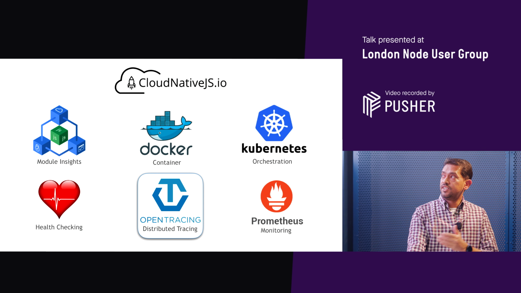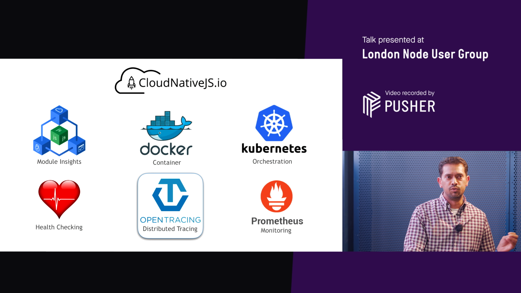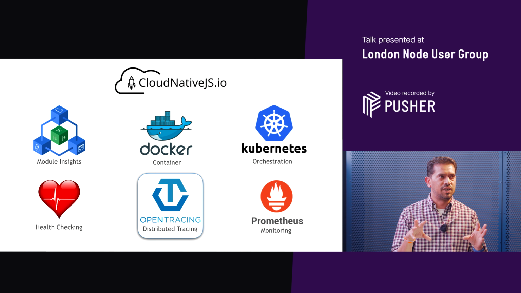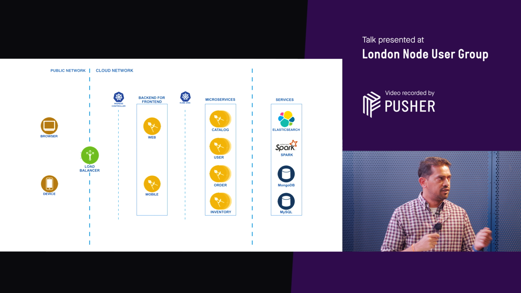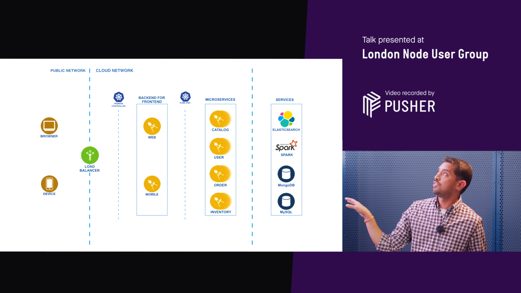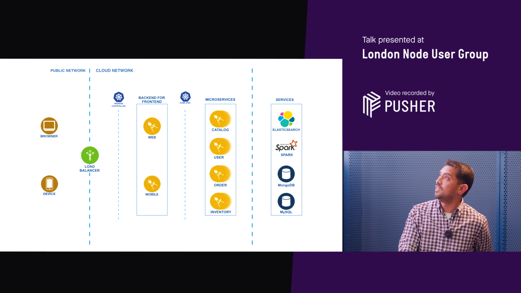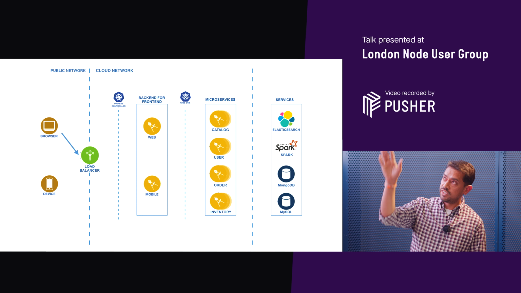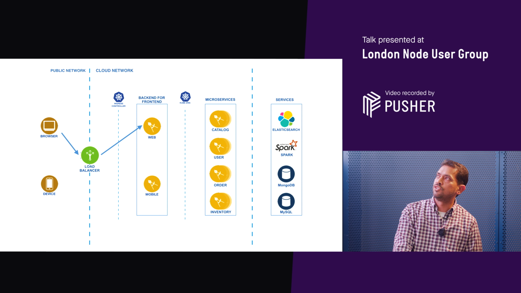Moving on to tracing, and distributed tracing specifically, because we are moving to a world where all the apps are split into small microservices, deployed and tied together to create a function. This is just a sample app that I have created here. Assume there's a request coming from the browser, and it goes to the load balancer.